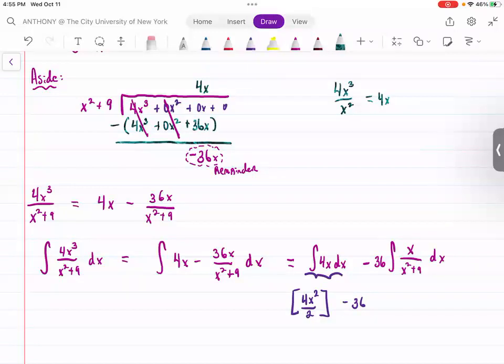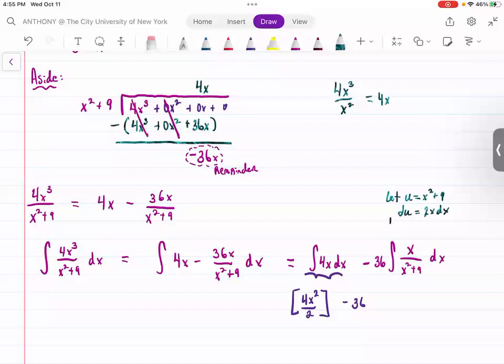What will be my u here? Let u be equal to x squared plus 9. du is going to equal what? 2x dx. Now, do you have a 2x dx inside that integral? No, it's x dx, so you multiply by 1/2, or divide by 2.